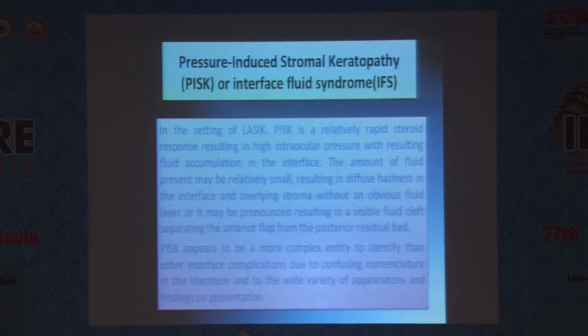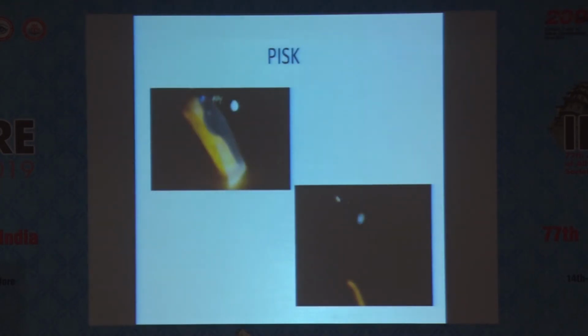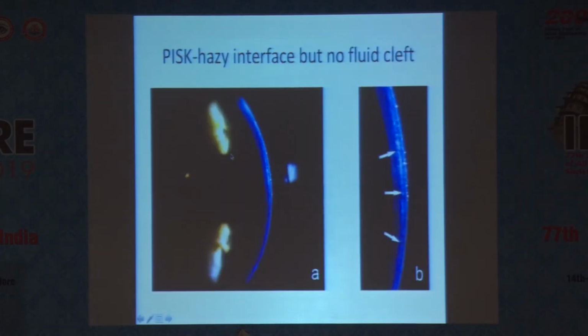Pressure-induced keratopathy is because of a rise in intraocular pressure. It is a result of fluid accumulation in the interface, and the fluid may be relatively small, resulting in diffuse haziness of the interface. And this is a more complex entity to identify. This is what PISK looks like. This is a more clear picture of PISK.